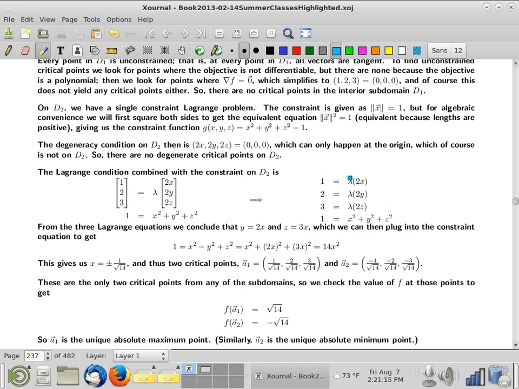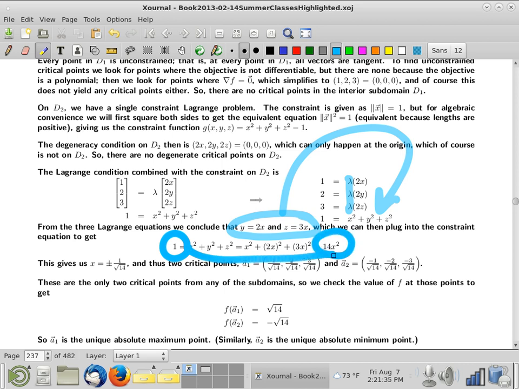You can solve for lambda in all 3 of these equations and get certain relationships between x, y, and z. You can plug those relationships into the constraint equation and solve for x, thus giving you those values for x.